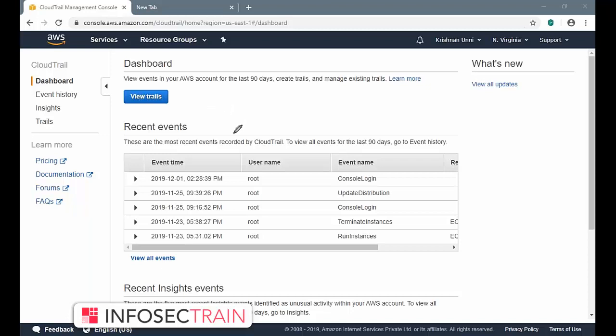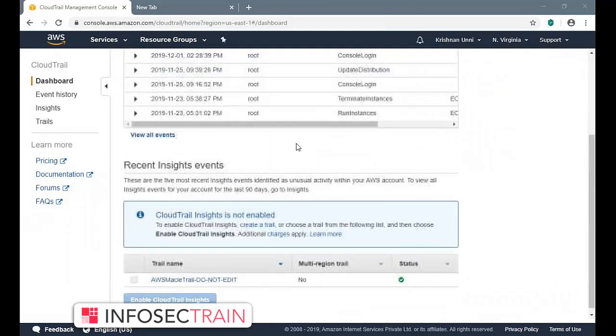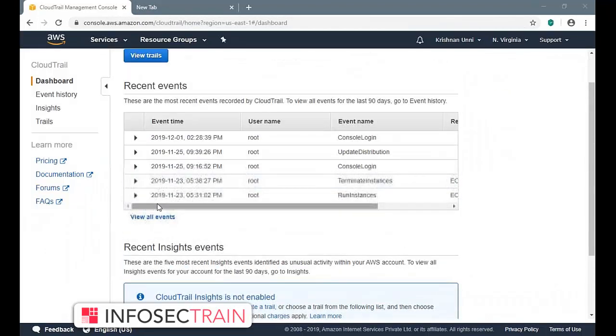CloudTrail will give you all the events that have occurred in your AWS account. I'll just show you an example here. I don't want to just simply explain the theory. See, you can see this particular event. I'll just open this event.